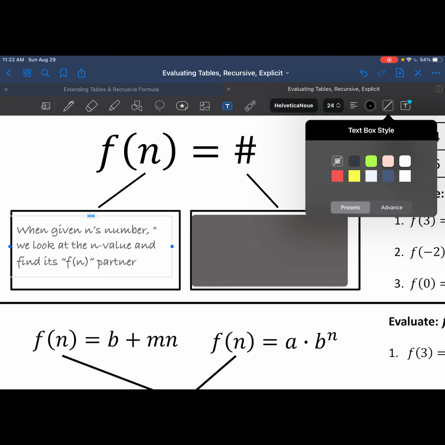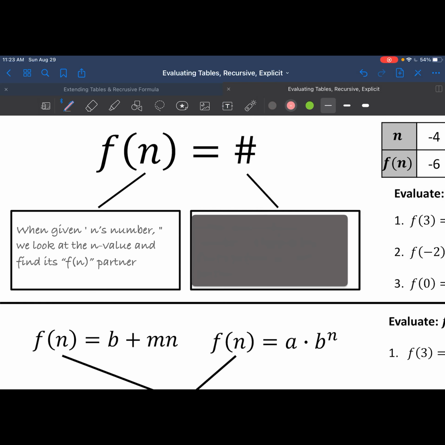Okay, so if we are given this number, n, if we're given n, then we have to find its f of n partner.